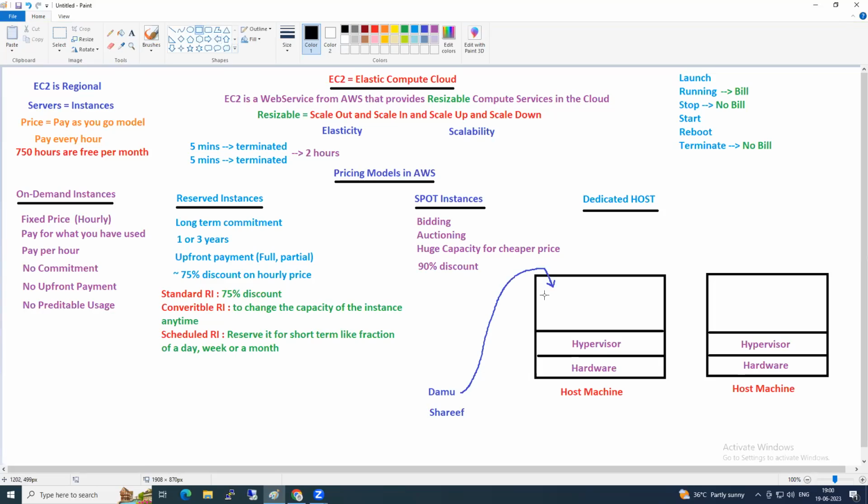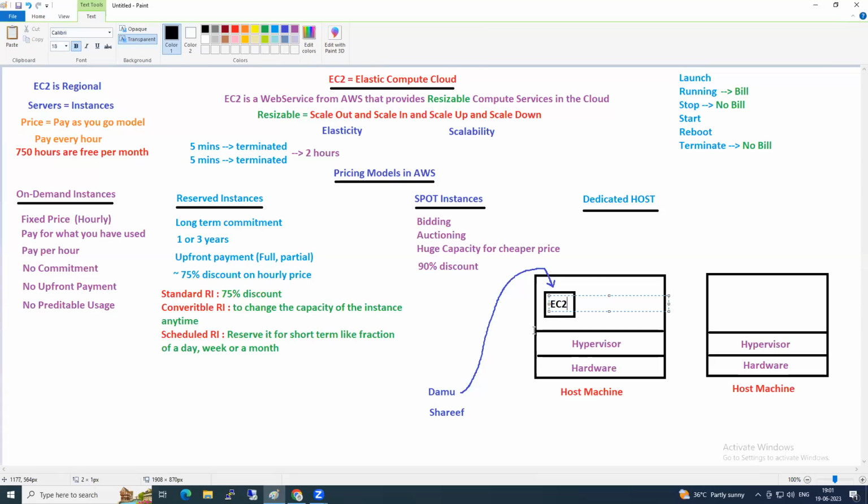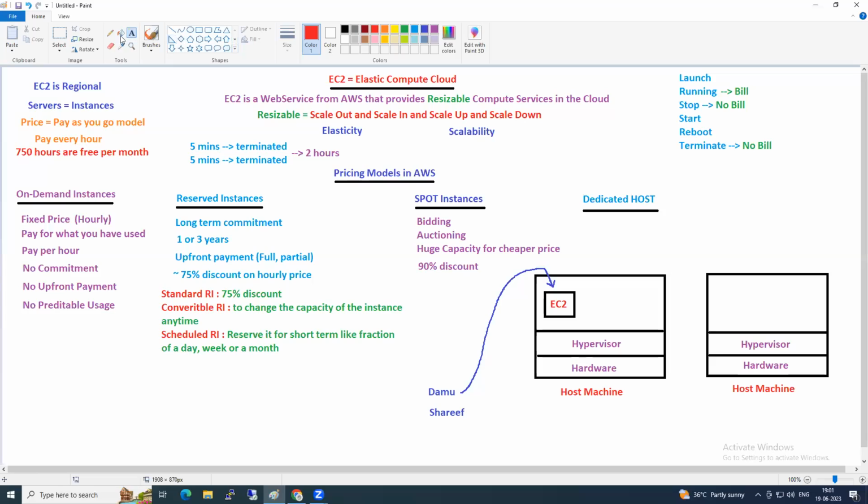Yes or no? Yes. Good. Now, Sharif has also launched an EC2 instance from his own, different account. Can you tell me whether this will also sit on the same machine? Yes. Guys, this will also go and sit on the same host machine.